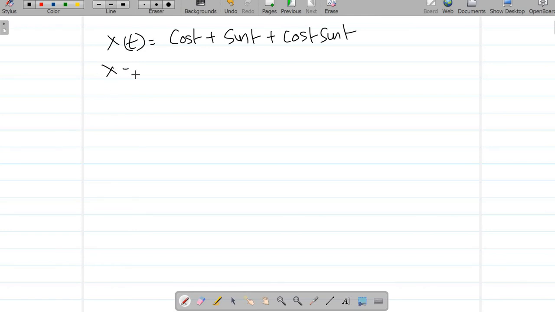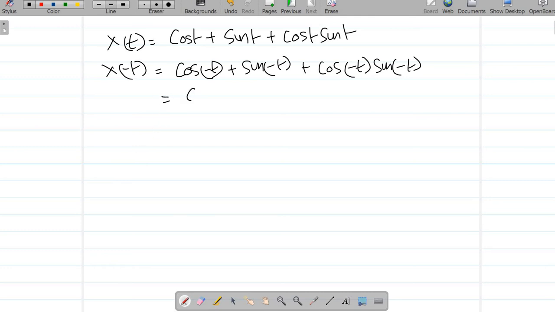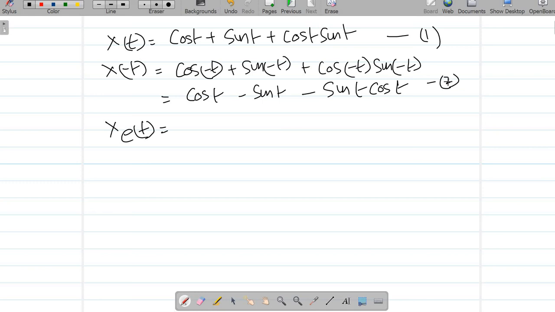x of negative t is cos of negative t plus sin of negative t plus cos of negative t sin of negative t. This I can simplify as cos t minus sin t, and this can be simplified as minus sin t cos t. Let me call this 2. For the even part of the signal, I have to add up 1 plus 2.